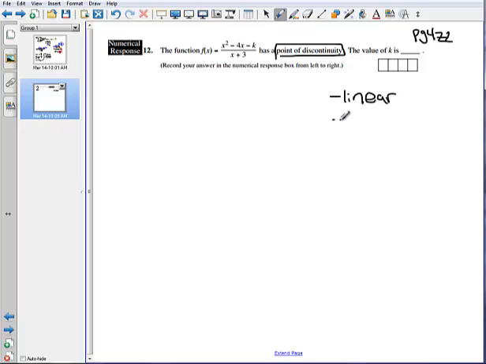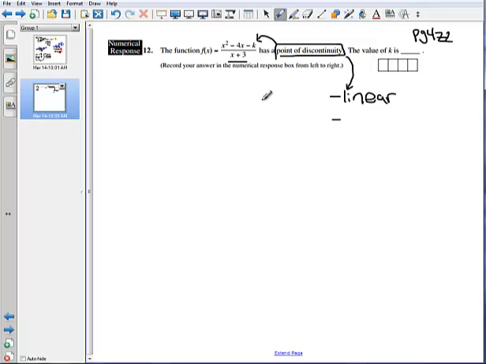The second thing that I know about a point of discontinuity: the numerator of this equation is a quadratic, and yet by saying there's a point of discontinuity, I know something must happen to this equation to make it linear, and what must happen has to do with the denominator.